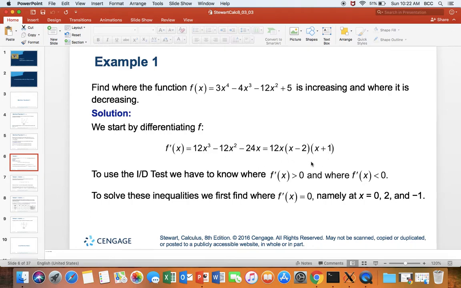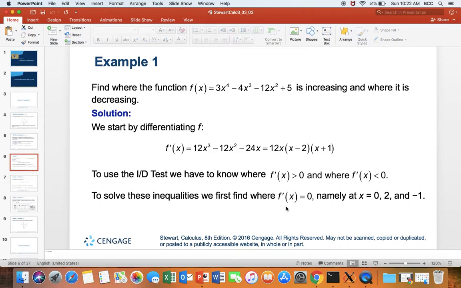Now, to use the increasing, decreasing test, we have to know where f prime is greater than 0 and where f prime is less than 0. So, here are important steps. Step 1 is to differentiate.